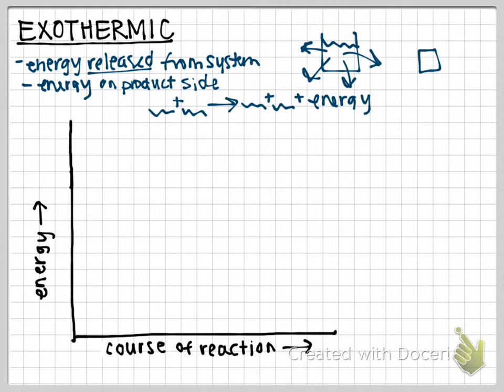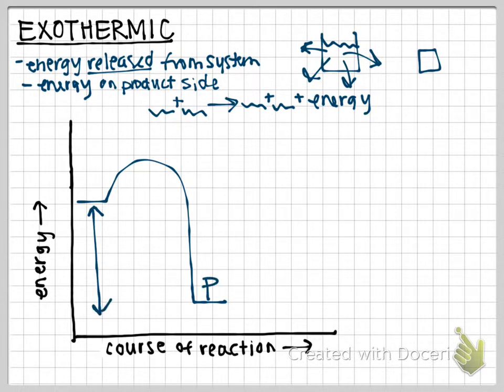If we are looking at a graph, exothermic is going to start high and end low. Your delta H is the difference between your products and your reactants. And let's say this is 40 and this is 10. Delta H, the difference, is always your products minus reactants.